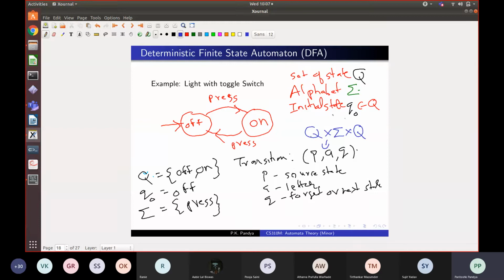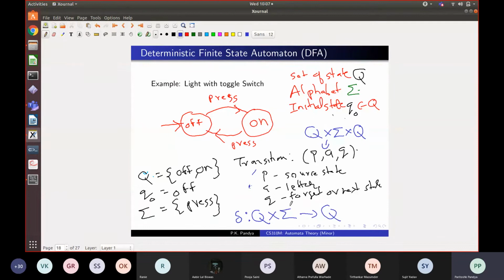Transition actually is given by this function delta, and what is delta? Delta is a function which takes 2 arguments. It takes a state, the current state, and the current letter sigma. So it takes 2 arguments, a state and a letter. Okay. And it gives as a result the next state, and it's a total function.